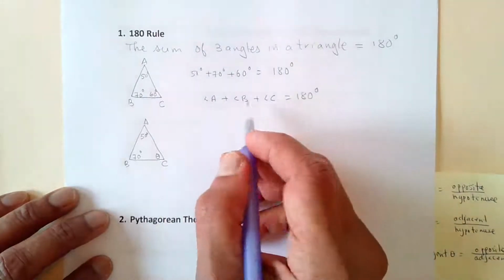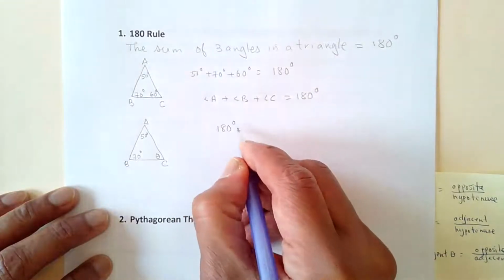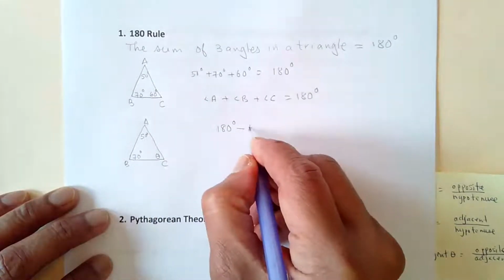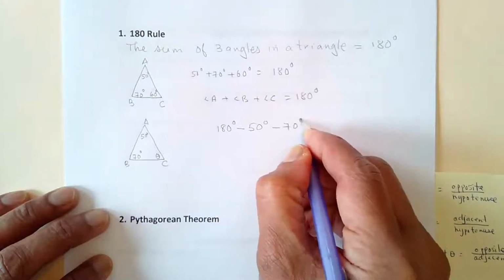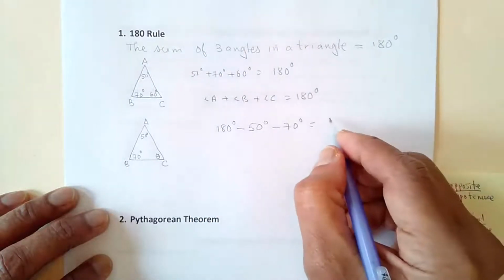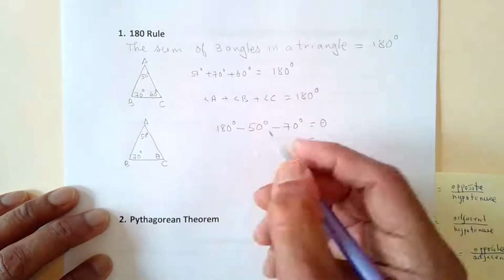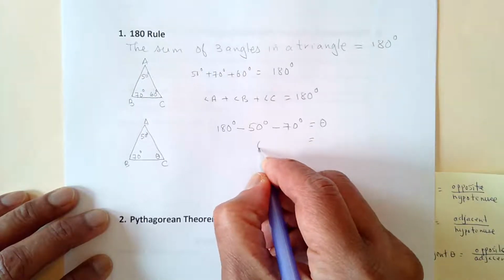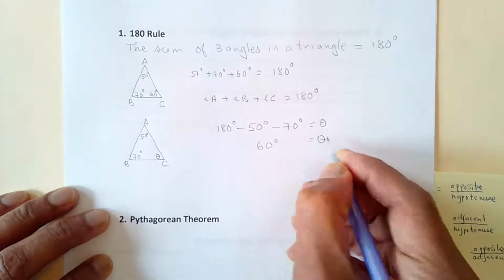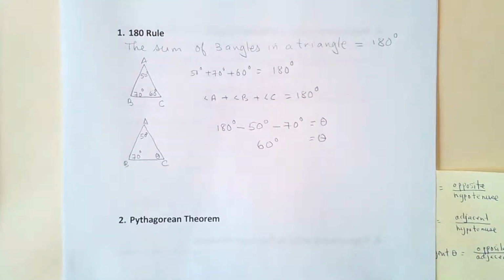According to our formula, the missing angle is 180 degrees minus 50 degrees minus 70 degrees, and that will give us theta. If you work this out, theta is equal to 60 degrees. That's the 180 rule. It applies to any triangle.